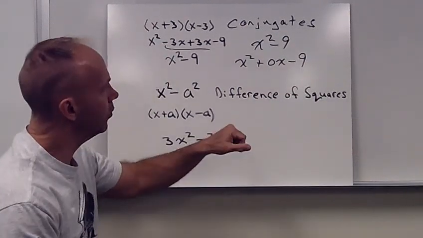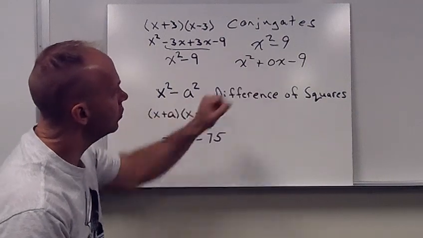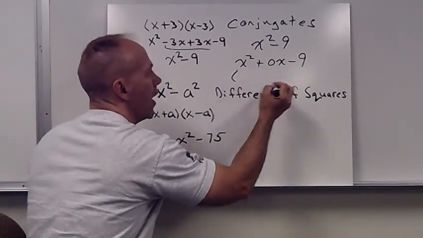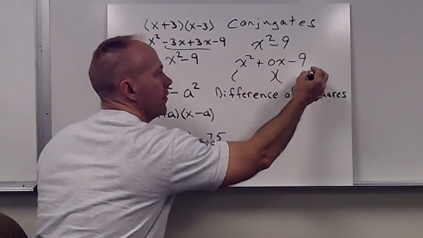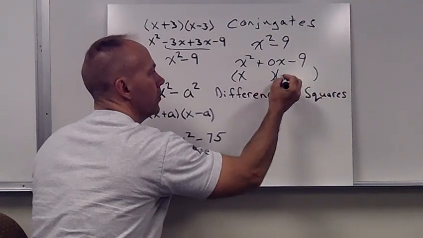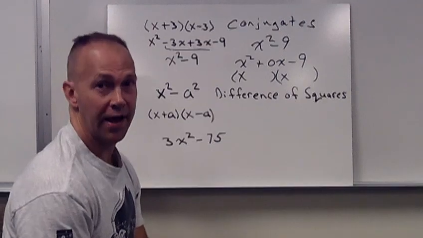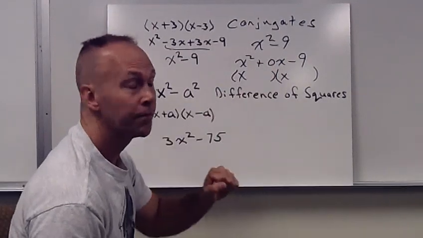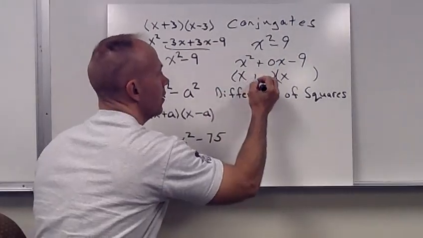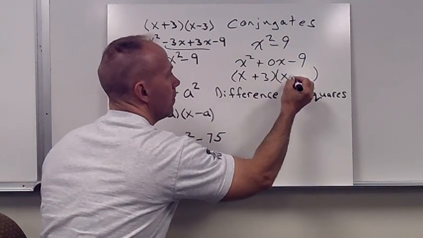Now I've got a trinomial. So I can simply go back and factor into two binomials. And I'm looking for factors of negative 9 that add to 0. That's plus 3 and minus 3.